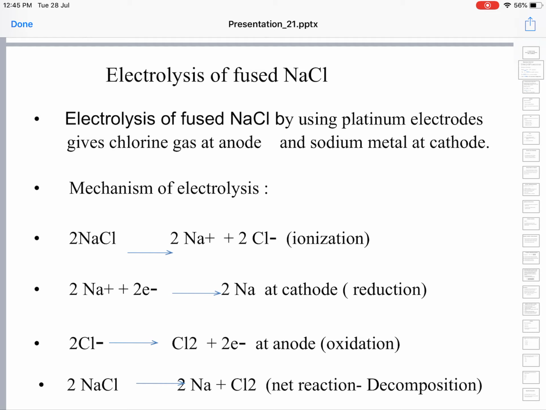The negatively charged chloride ions move towards the positively charged anode. There they lose their extra electron. Each chlorine atom has an extra electron which was gained from the sodium atom.